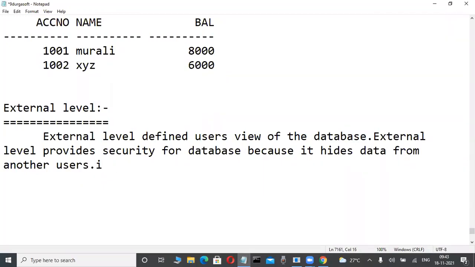Write it. In databases, data is confidential.